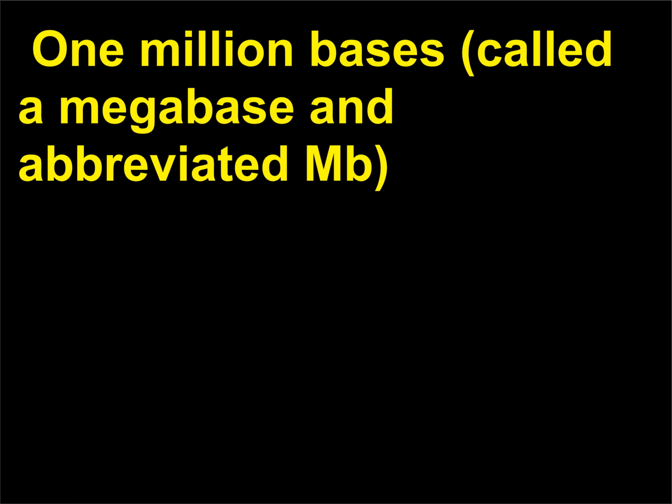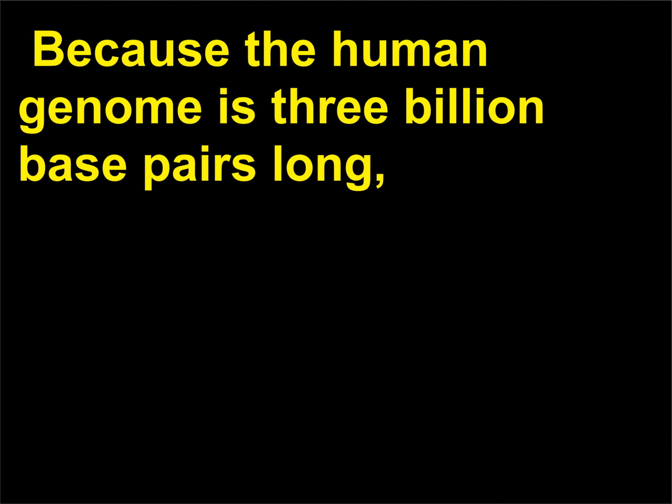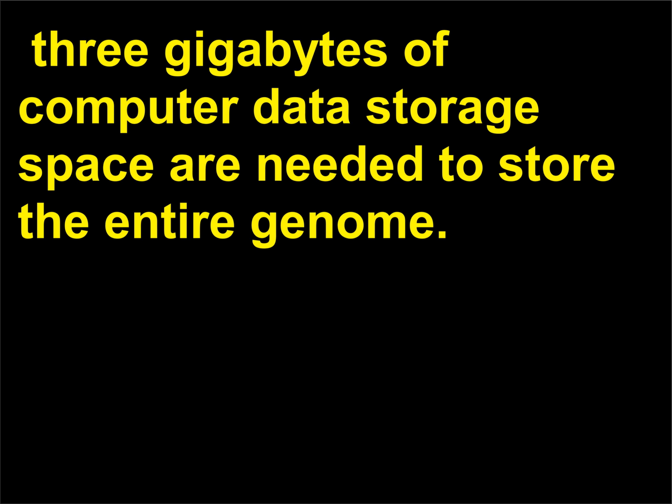1 million bases, called a megabase and abbreviated MB, of DNA sequence data is roughly equivalent to 1 megabyte of computer data storage space. Because the human genome is 3 billion base pairs long, 3 gigabytes of computer data storage space are needed to store the entire genome.